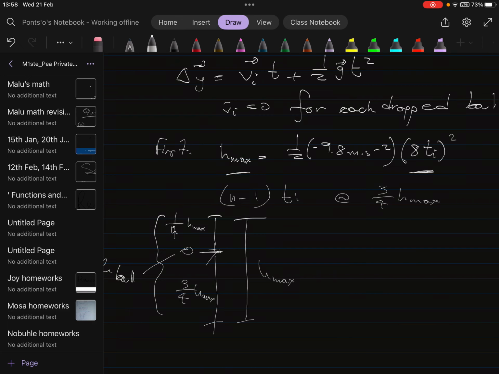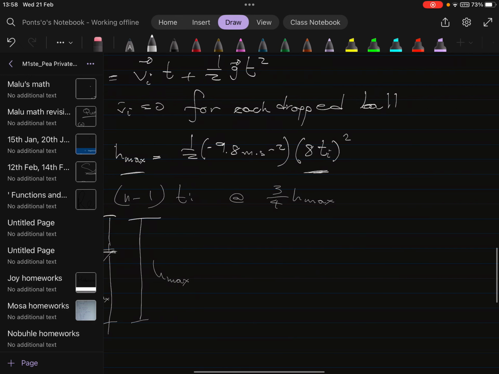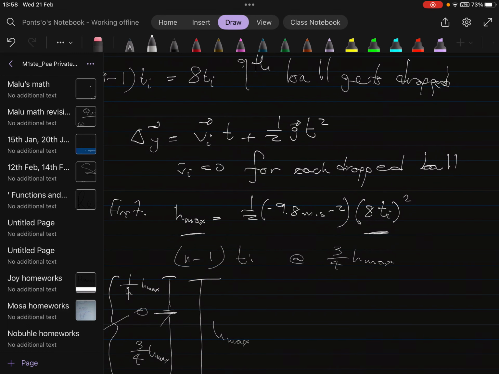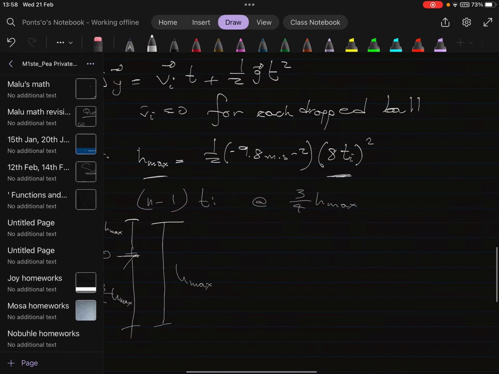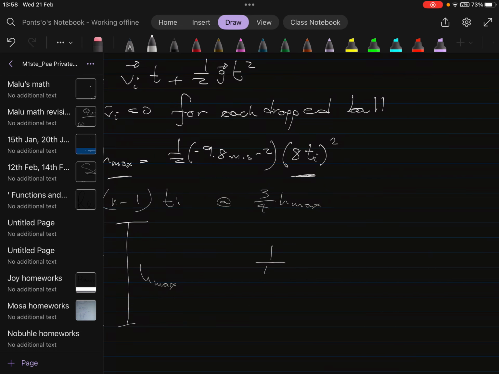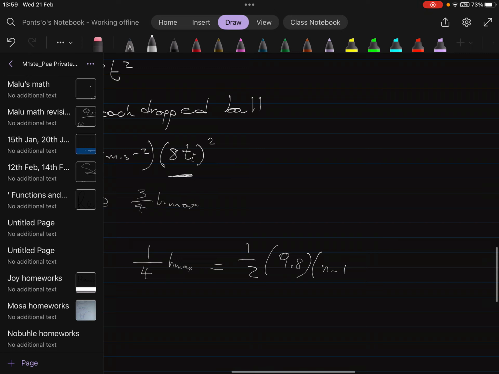That being said, its motion can also be described using the same equation that we did there for vertical displacement. And if it's traveled a quarter of the h max, then we know that it would have traveled a half times 9.8 times n minus 1 times t, and that is squared.